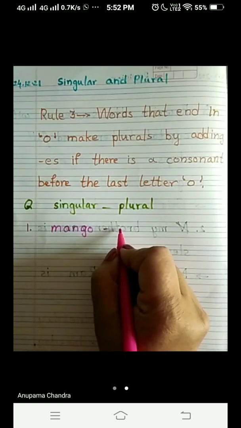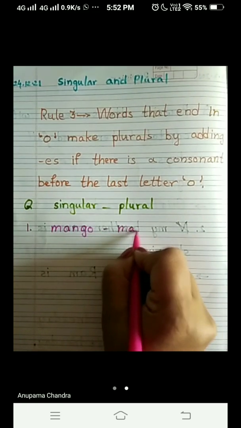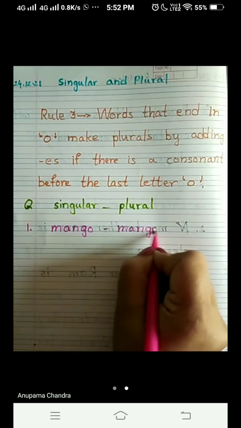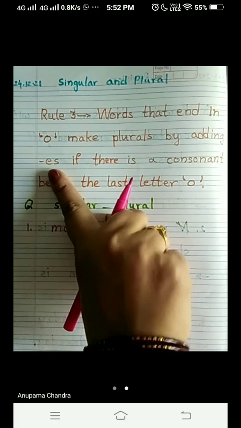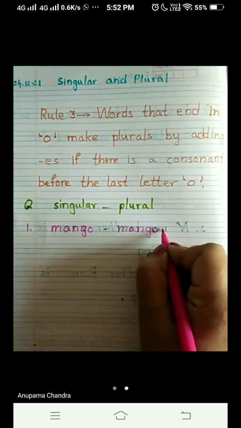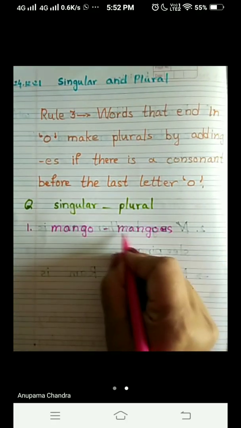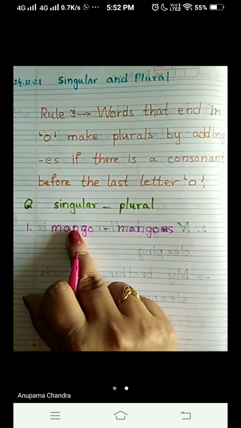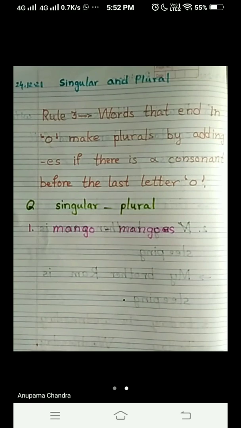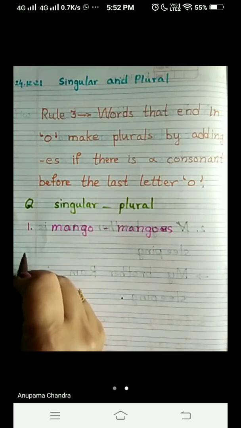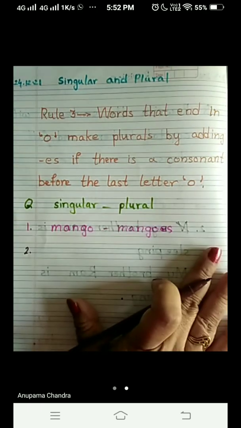Let's write the original word mango. And what are we going to do? Add es to the word. Es, mangoes. That makes the plural of mango. Mango, mangoes.